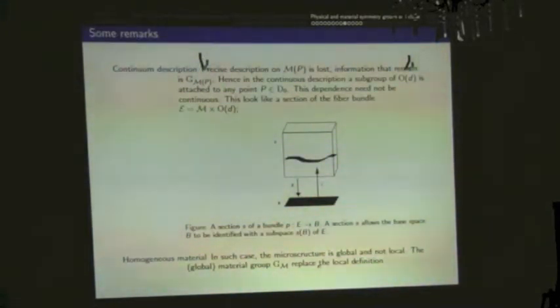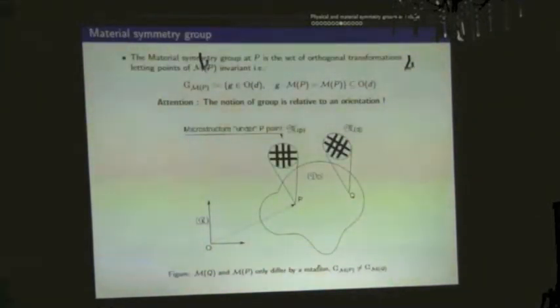One quick remark, I think it's not very important: in continuum description, as I said before, the exact description of your microstructure is lost. And you keep some remaining information on your material point.